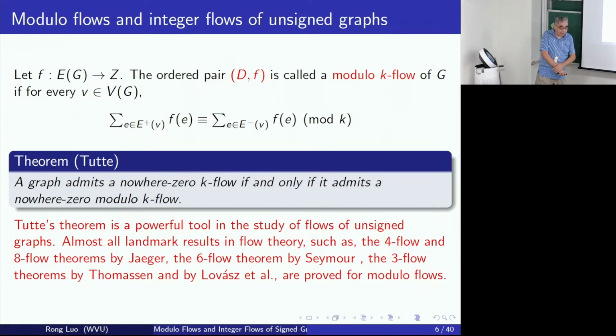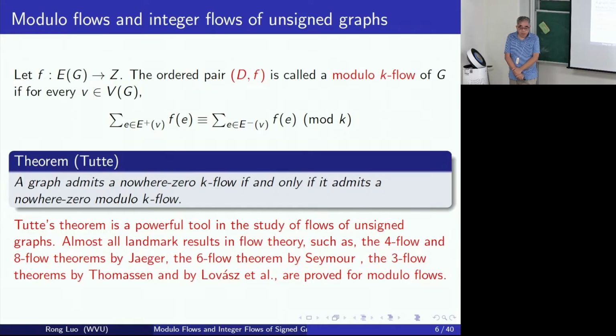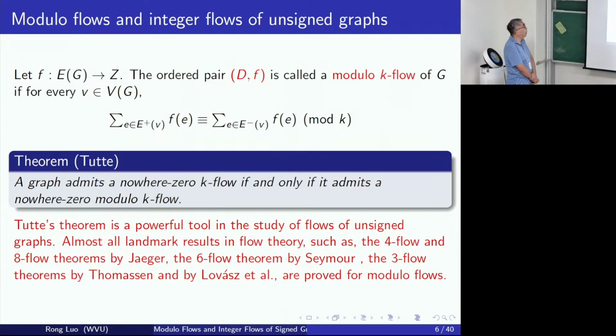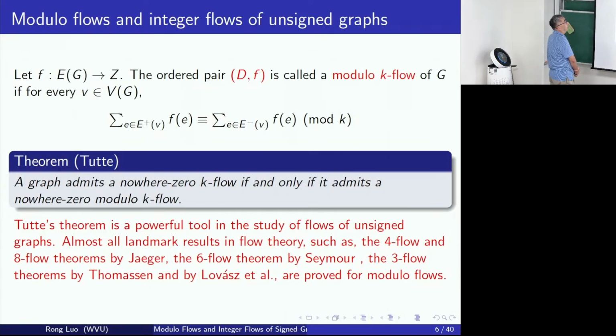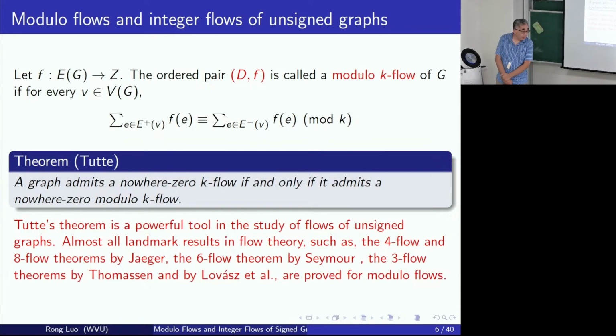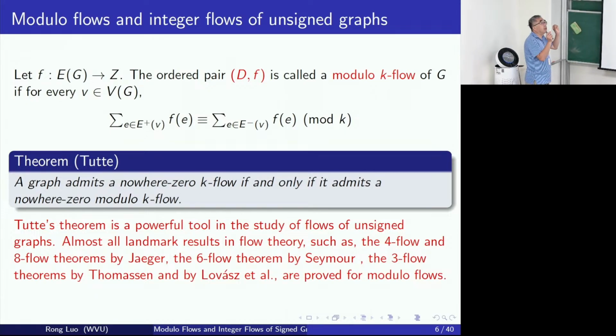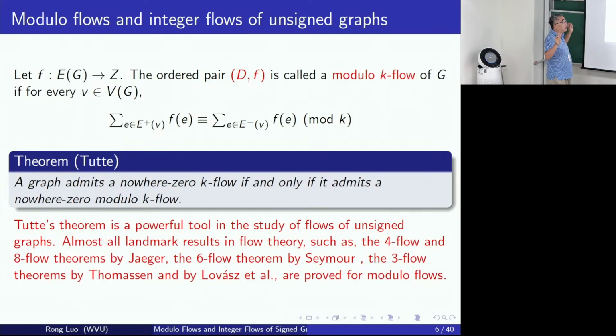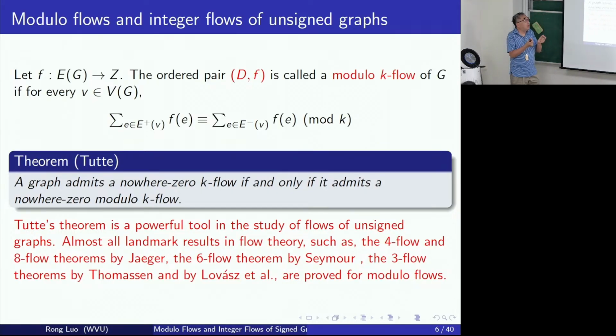However, Tutte proves that a graph admits a nowhere-zero integer k-flow if and only if it admits a nowhere-zero modulo k flow, or sometimes we just say Z_k flow. Modulo k flow is Z_k flow. So this theorem is very nice because it gives us a very nice tool to approach the integer flow conjectures.